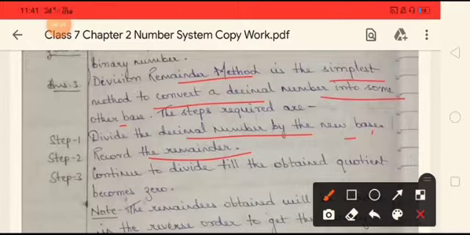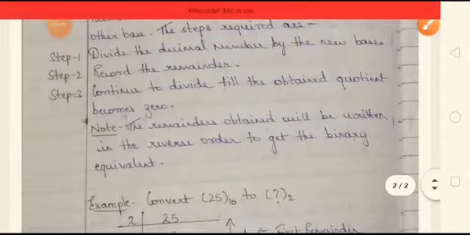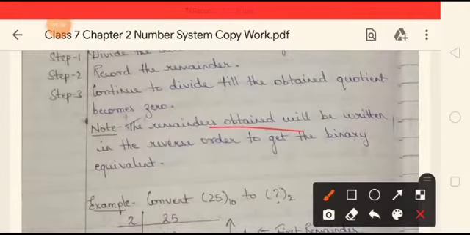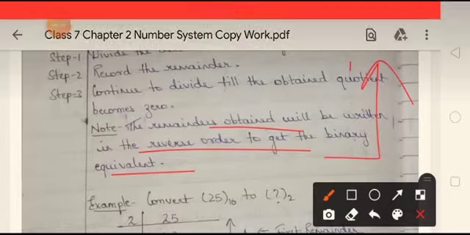Third and last, continue to divide till the obtained quotient becomes 0. The note point is that the remainders obtained will be written in reverse order to get the binary equivalent.